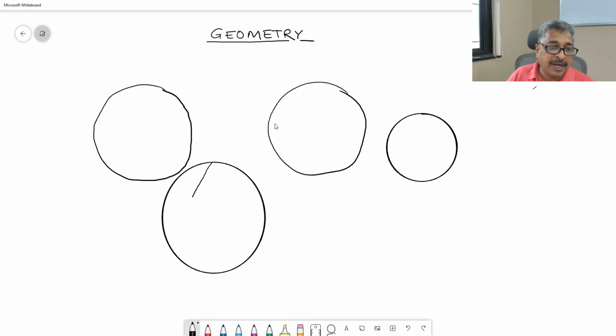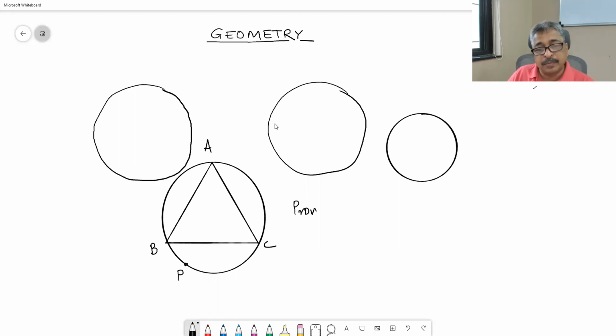I have an equilateral triangle ABC in a circle, and on minor arc BC we have any point P. Prove that PB plus PC is equal to PA.